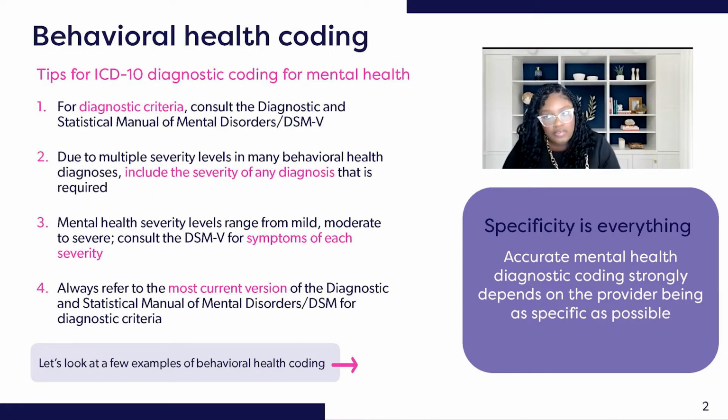Again, we're currently on version 5. I believe it took them like 20 years to update from version 4. So it's not something that's updated very often, but they do make changes to it sometimes on an annual basis. So you just want to make sure you're using the most current version of that diagnostic material, the DSM-5.